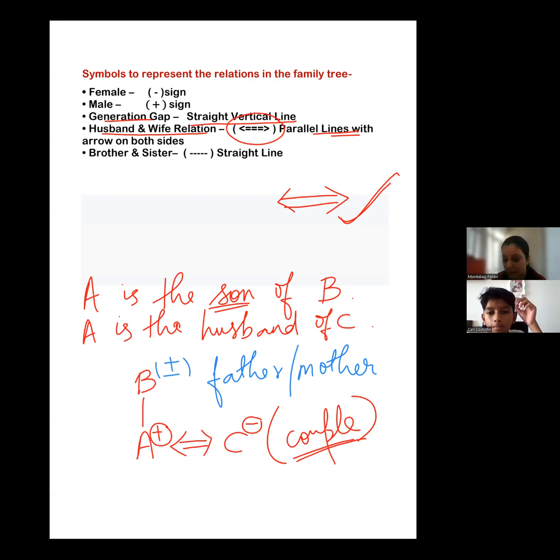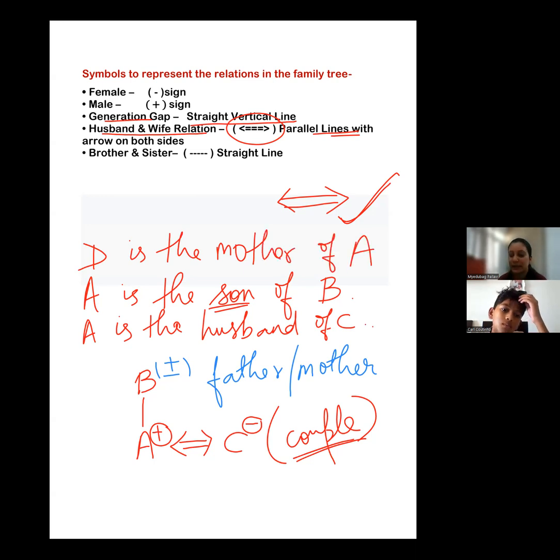Got it? And in this also, suppose it is given that B is the mother of A. Now, where will I draw D?